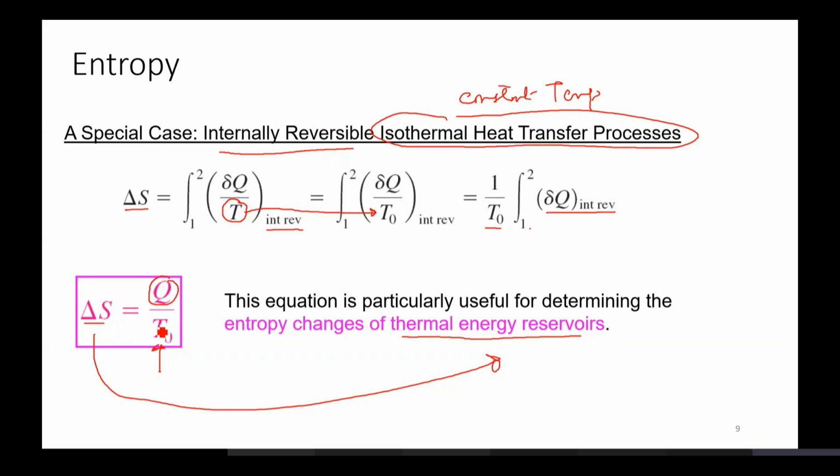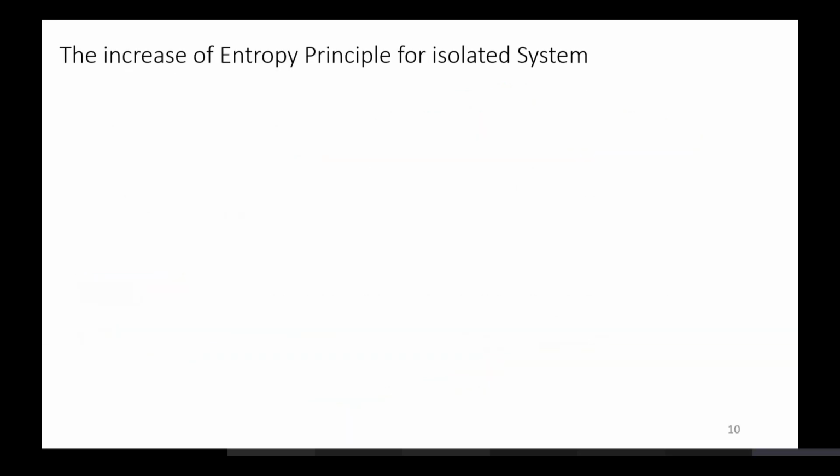Yes, sir. All right. Now, considering the increase of entropy principle for an isolated system, what do you have in an isolated system? In an isolated system, there is no energy or mass interaction.